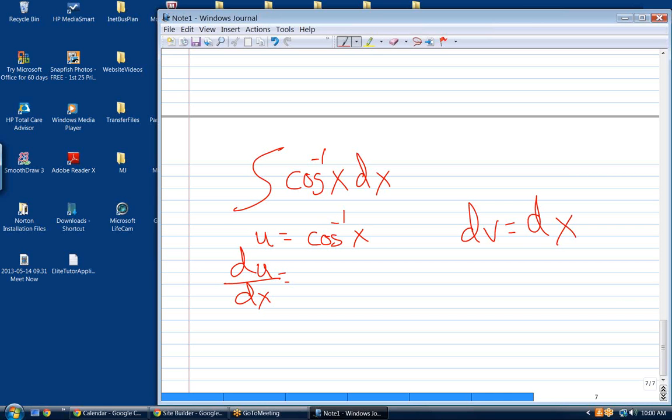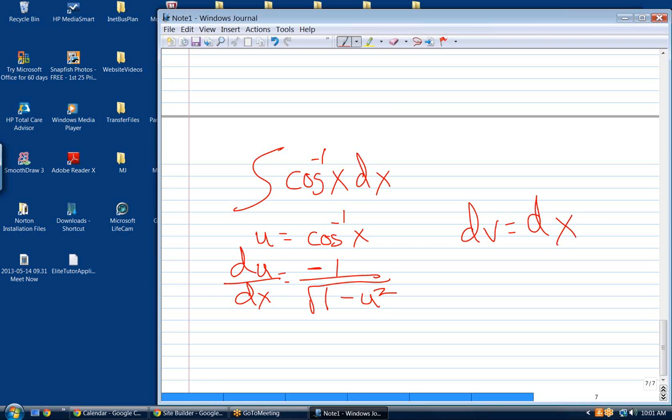The inverse cosine. That's one of those that is, yeah, just a second. I've got a table here. That's 1 over square root of 1 minus x squared, only it's negative.